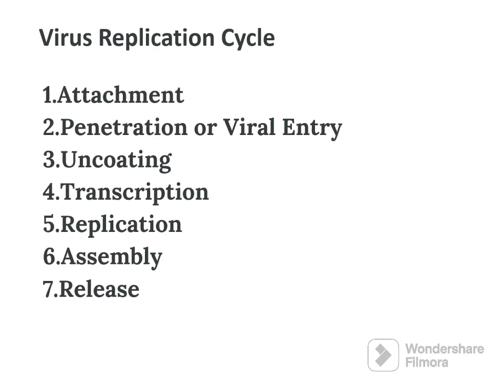In stage 3, this is where uncoating takes place. Uncoating is simply the process by which the DNA genome or the RNA genome usually unfolds. It unfolds to expose the parts of the DNA or the parts of the RNA that must be copied.